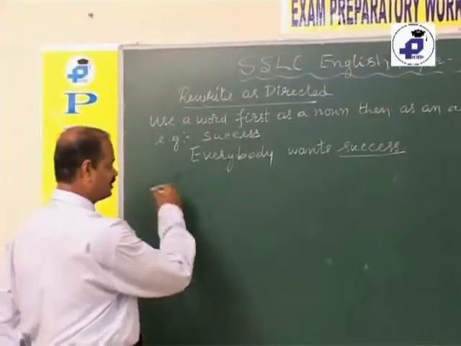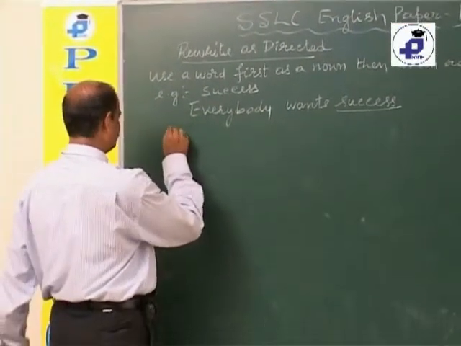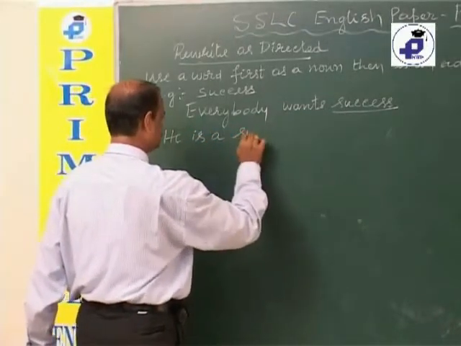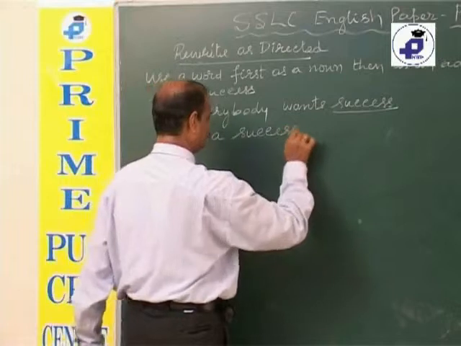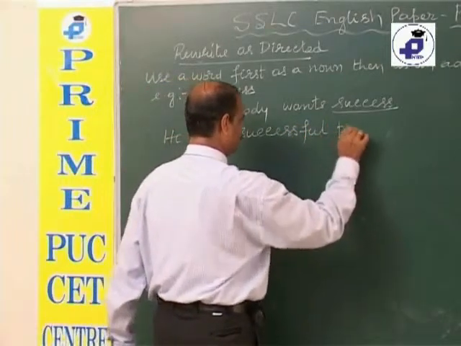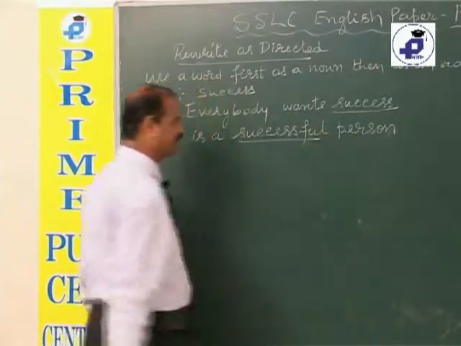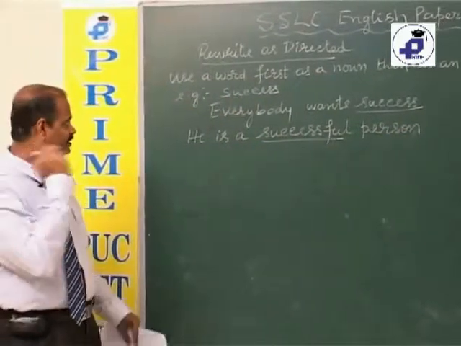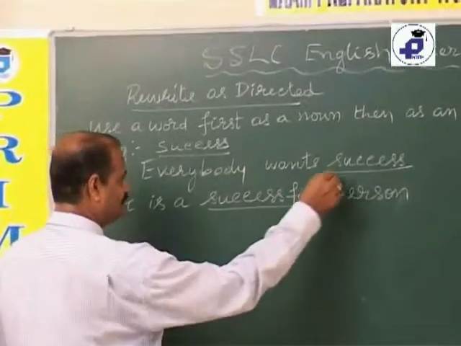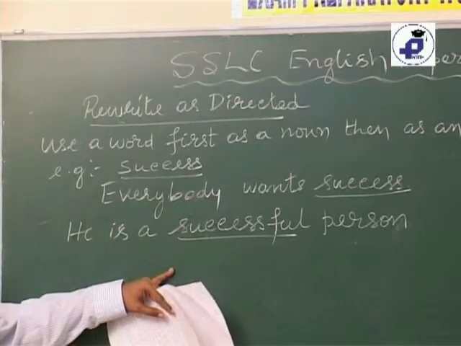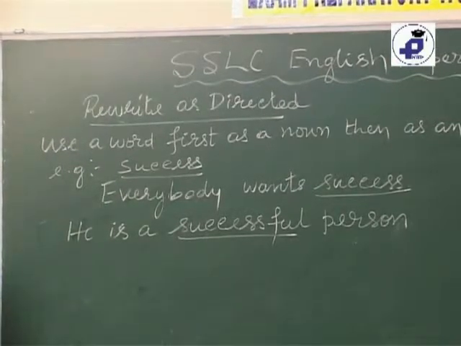Now if I write the same sentence as an adjective, he is a successful person. When I say he is a successful person, person is the noun, successful is the adjective. So the same word success is used in one sentence as a noun, in another sentence as an adjective. So such questions will be asked.